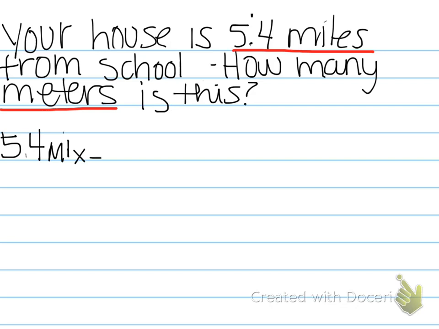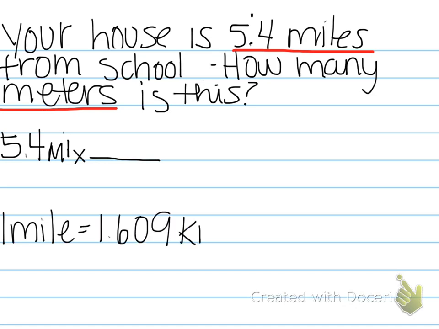Now, if I'm looking at my equivalence sheet, it depends which one you're looking at. I know that 1 mile equals 1.609 kilometers. Now, I don't want to be in kilometers, I want to be in meters, but we know from converting metrics that I can easily go from kilometers to meters.